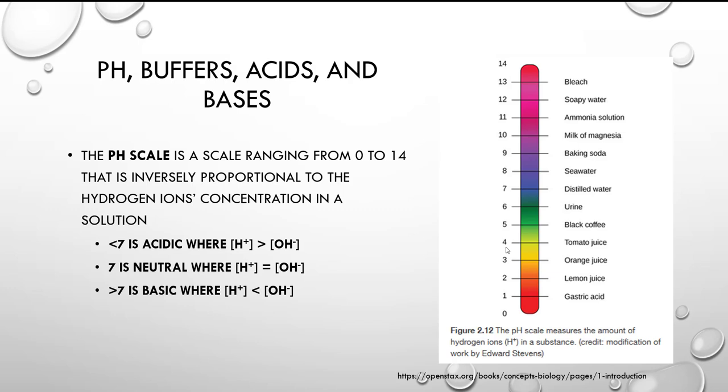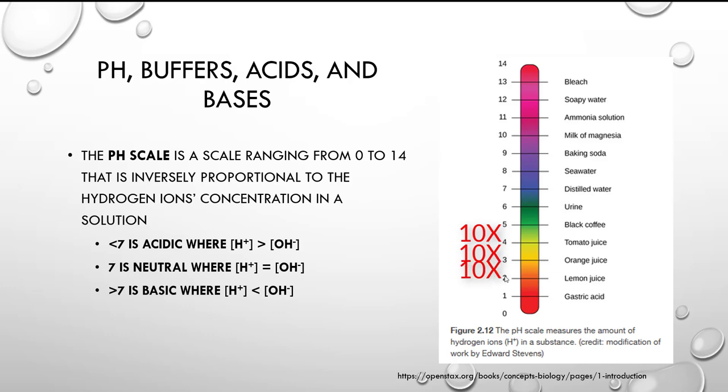So for example, let's say we go from lemon juice to black coffee. Or actually let's do black coffee to lemon juice. So what would be the hydrogen ion concentration? So if I go from black coffee to lemon juice, lemon juice is 10 times 10 times 10.